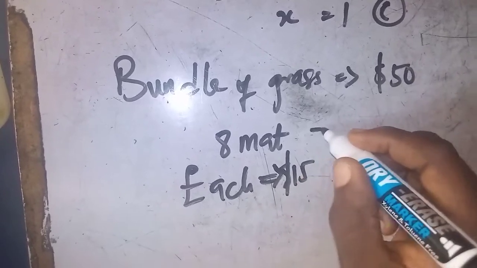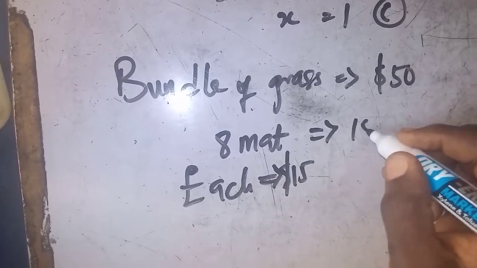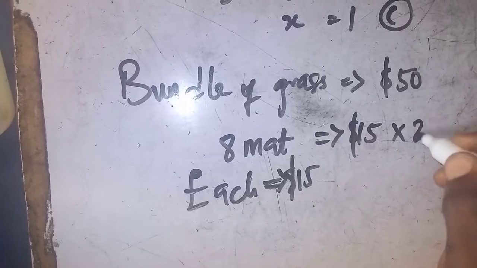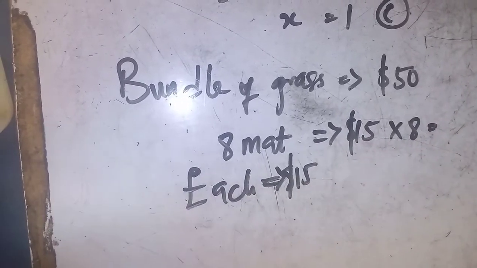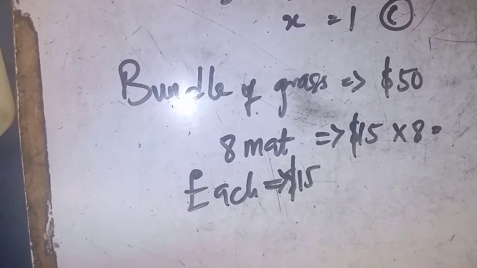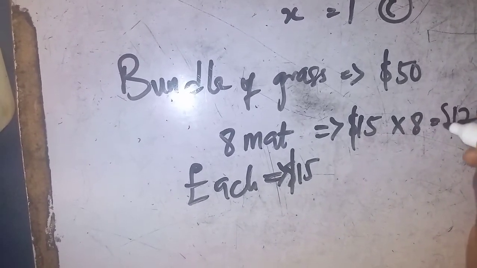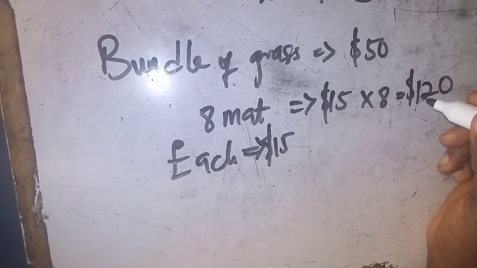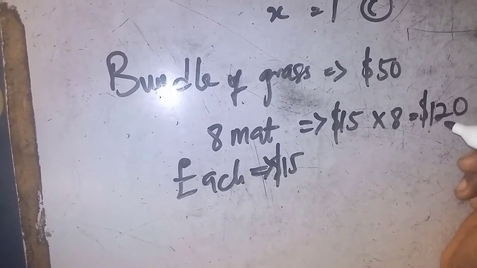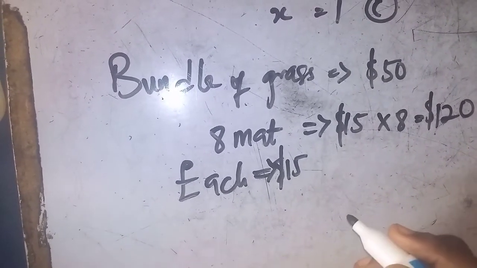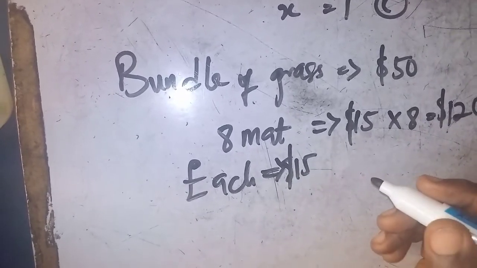So apparently 8 mats will cost $15 times 8, which is easy and steady. That should give us $120. So our question now is find the percentage profit. What is the percentage profit that the person made over his product?